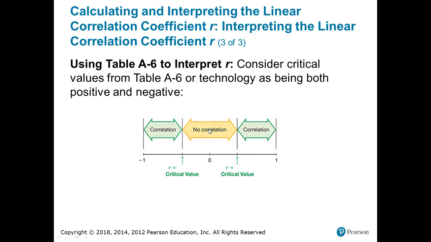So one more time, you're going to calculate your R value using technology. Then you're going to use table A6 to determine what the critical R is. And then you're going to see which of these three ranges you are in. Correlation if you're over here, and you're happy. You're unhappy and really sad if you're between them.